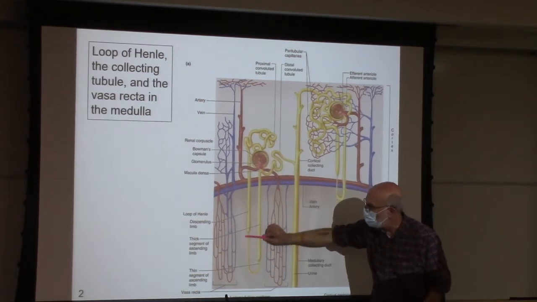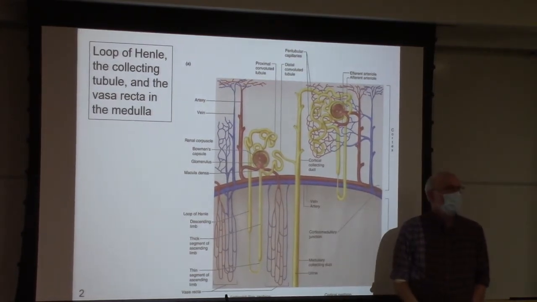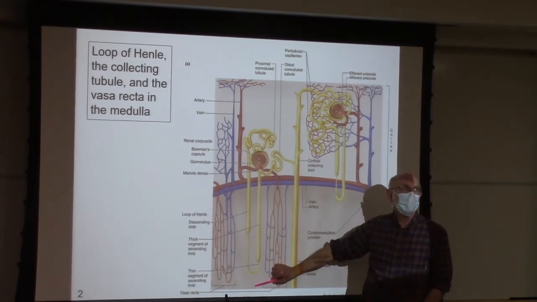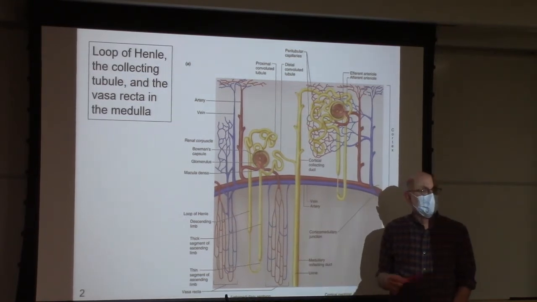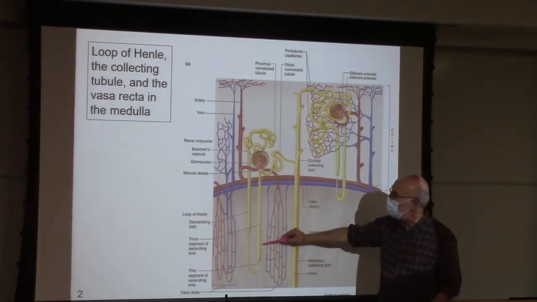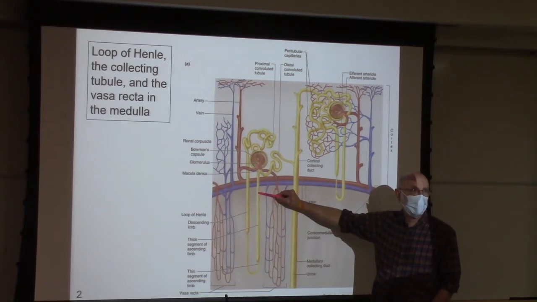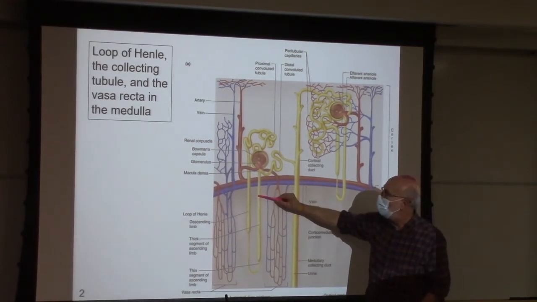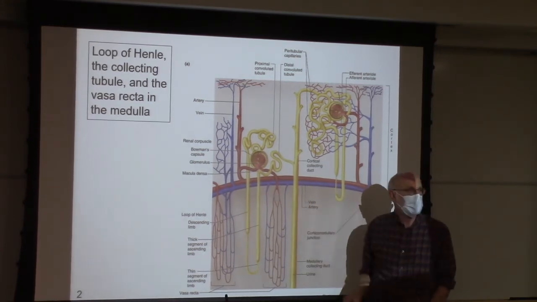And then as we move deeper and deeper into the medulla, we build a gradient from 300 to somewhere between 600 and 1200 milliosmoles here. And that variance depends on the ability of the ascending limb of the loop of Henle to pump sodium from lumen into the interstitium.